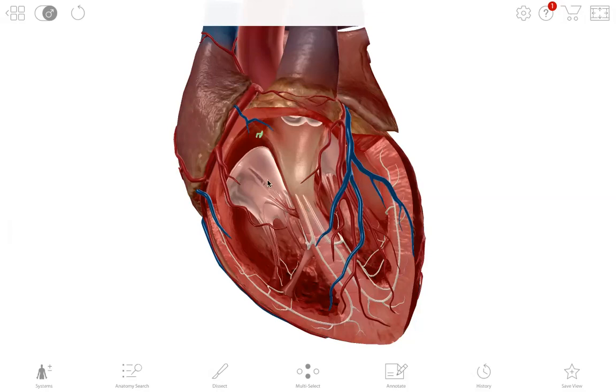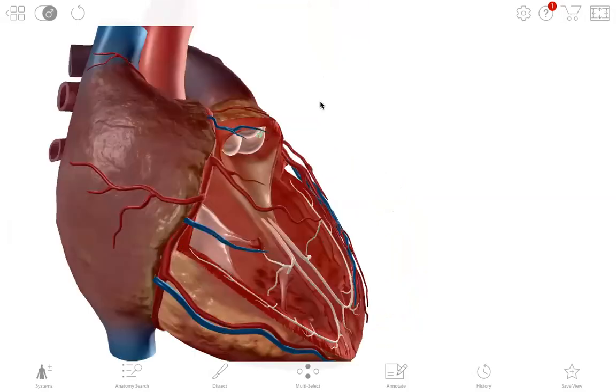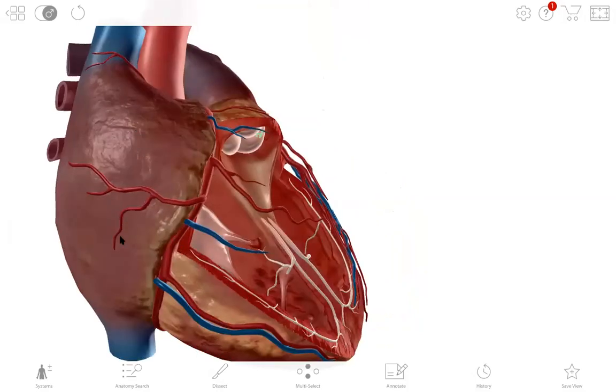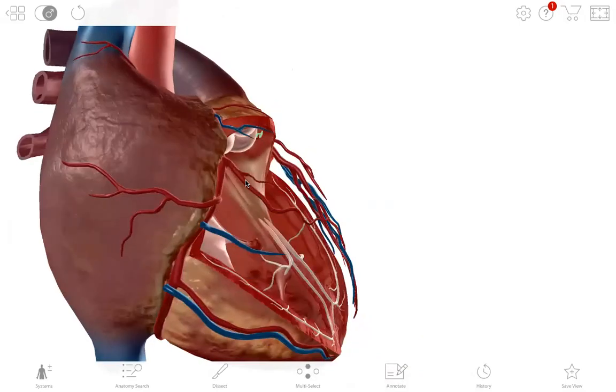Okay, if we come to the circulation of the blood inside it, we all know that the right atrium, this is the right atrium, collects the venous blood from the whole body. We have the superior vena cava and the inferior vena cava. It will collect the blood, in addition to the coronary sinus, which we will mention a little later.